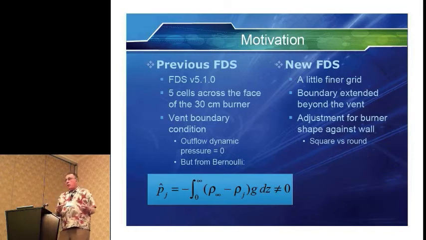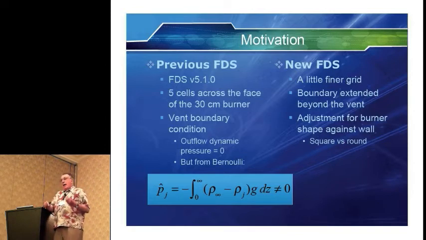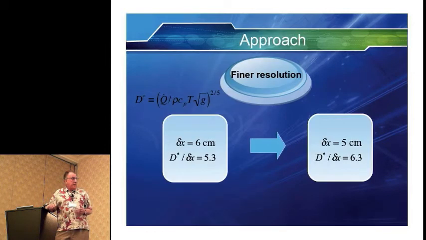If you put it in a corner, you're cutting off 2 sides. So it's not modeling the round burner. To affect this, they moved the burner away from the wall to give it a chance to entrain around the sides. They did that to a certain distance where they got good mass flow results. So that's the way they operated.